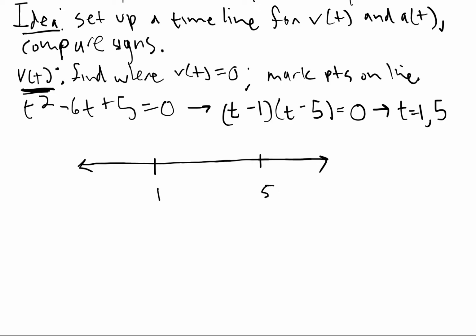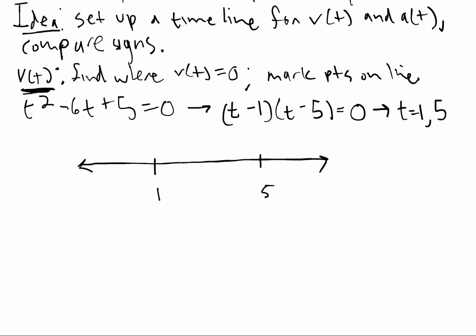So if you're slowing down to change direction, that's going to imply at some point you have to pass through a velocity of 0. What that tells me in this number line setup is that since we've found all the places that my velocity is 0, namely t equals 1 and t equals 5, those are the places where we slowed down and may have an opportunity to turn around. We can't turn around anywhere else, because otherwise we would have found more zeros.